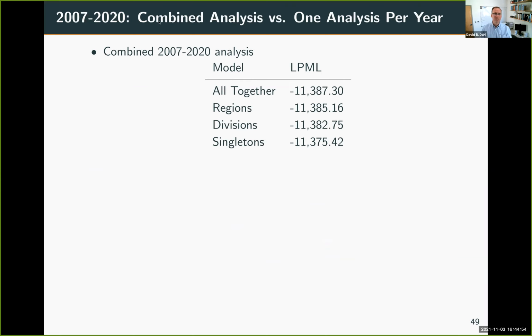Now, going back to the regression analysis for the return to education, recall that we had these results here. When we combined years 2007 to 2020, we found that an analysis for everybody all together was not as good as breaking things up into regions, divisions, or even doing individual state-specific estimation. And that worked well because we had a lot of data across all 14 years.